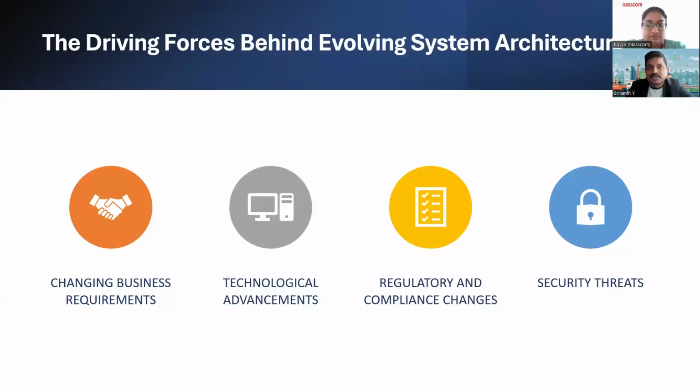All of these constantly keep changing. Security threats, without saying, every day we keep hearing of a new security threat hitting. So we should always be looking at and evolving our system architecture so that we protect our systems and our businesses as such. And these are the constant four things that we keep looking at in the organization I work in.